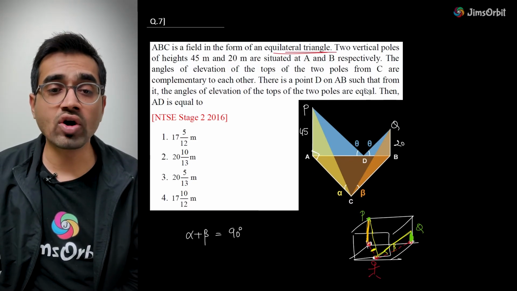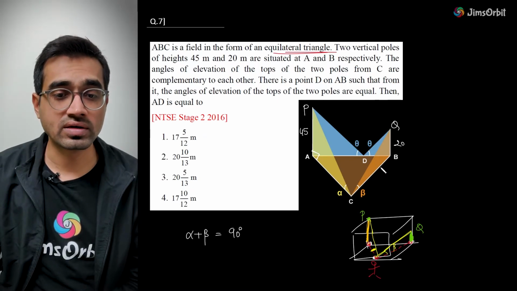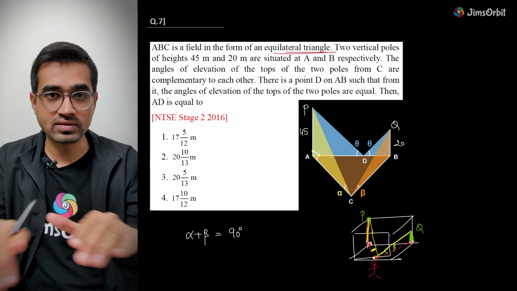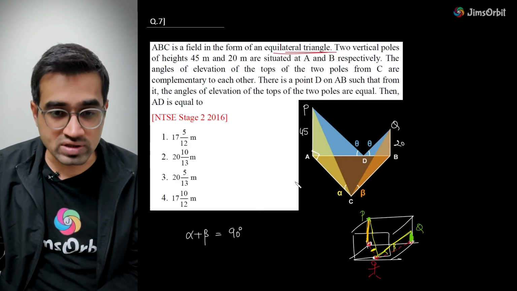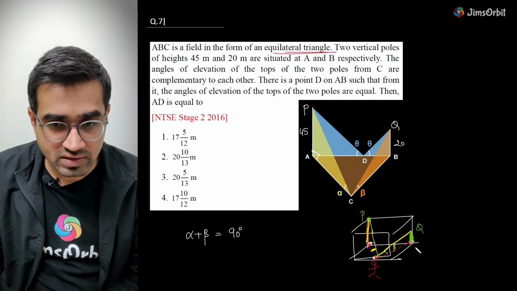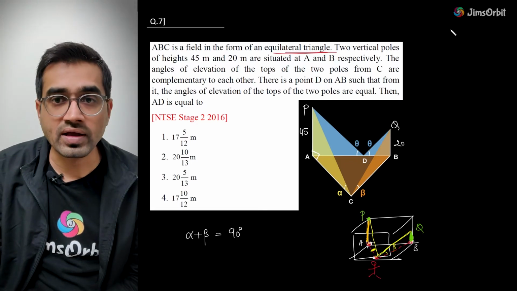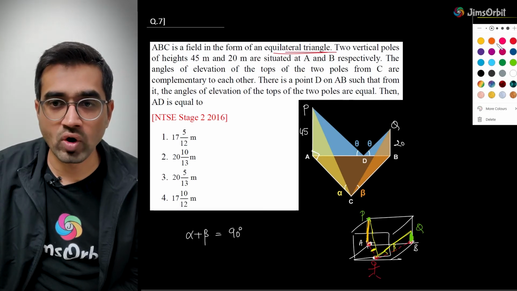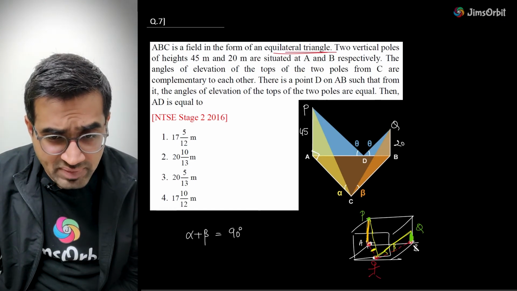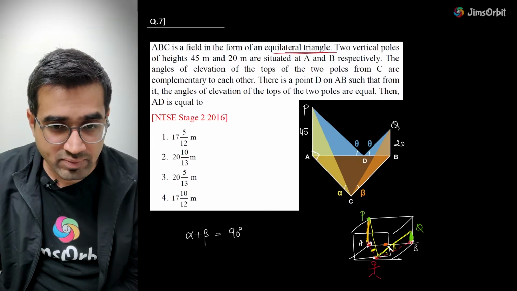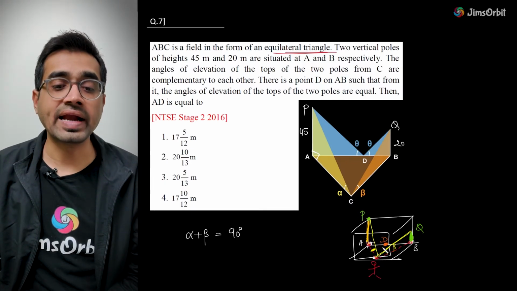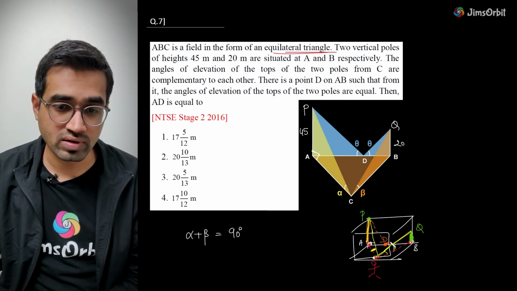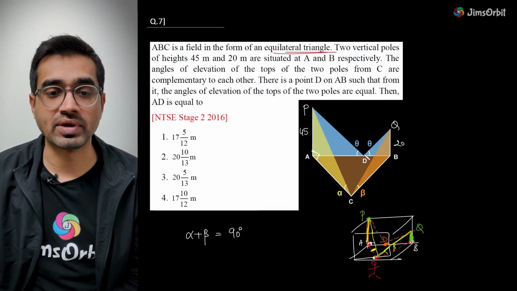There is a point D on AB, somewhere on the ground line of the front wall. This is point B, this is point A. I'll change the color to orange. Somewhere on this line there is a point D, and you are looking again at the pole from there.